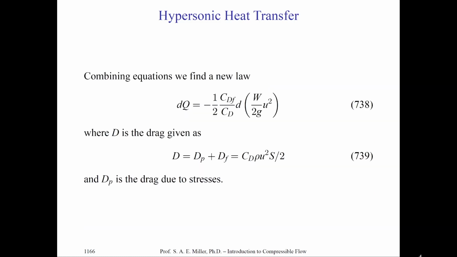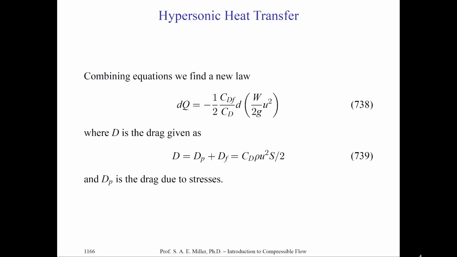We can now combine our two laws with these assumptions on the last page from Newton and heat transfer, and we can write dq, the change in heat, is negative half of the friction drag coefficient divided by the coefficient of drag times dD times W over 2g times U squared. Here we'll approximate drag D in this equation 739.